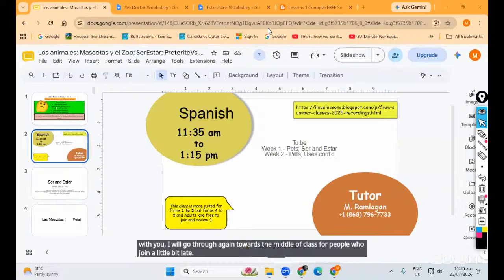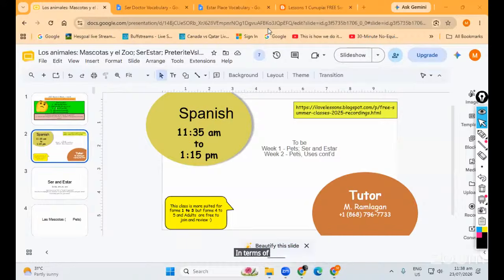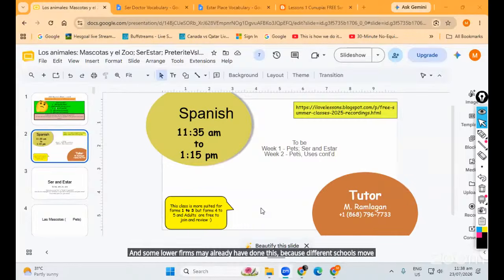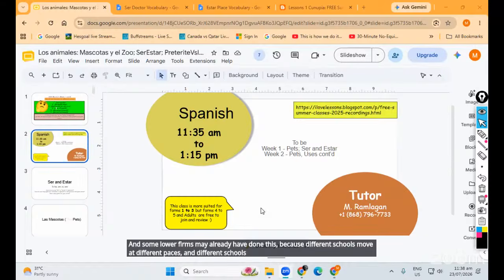In terms of who the class is for, it's really designed for lower forms. And some lower forms may already have done this because different schools move at different paces and do different topics at different times. So some schools may have done this in Form 1. Some people might not have seen it till Form 2 or 3.